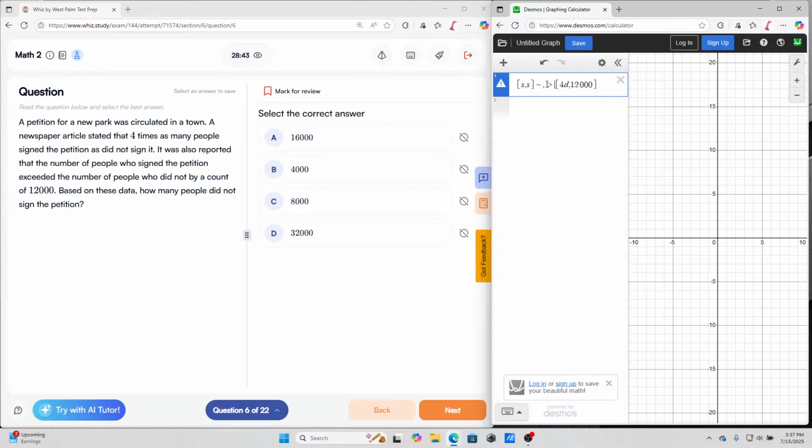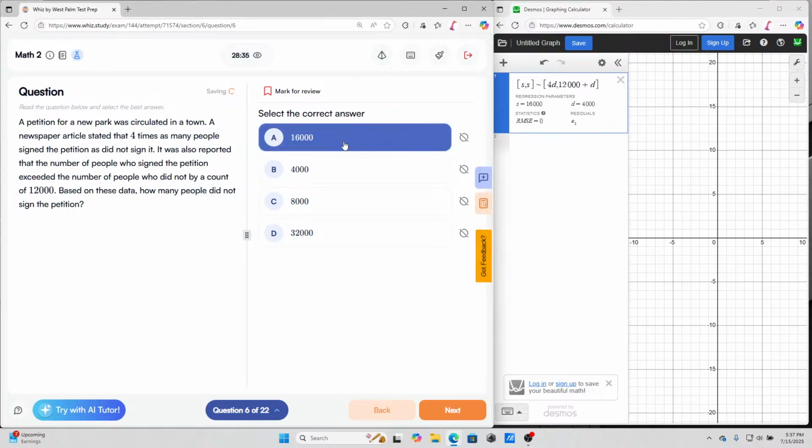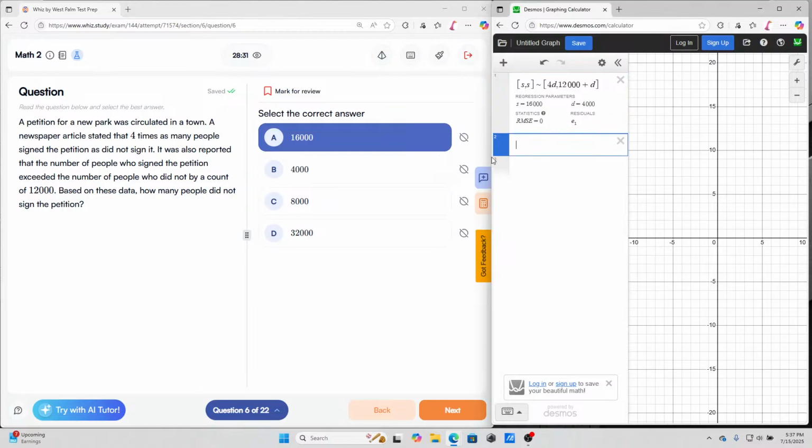Oh, not more than 12,000. It's exactly 12,000. 12,000 plus D. Looks good.